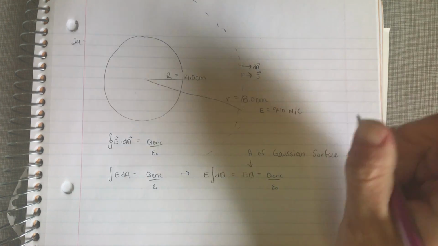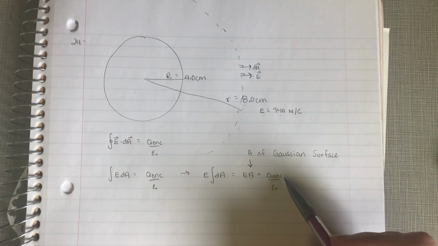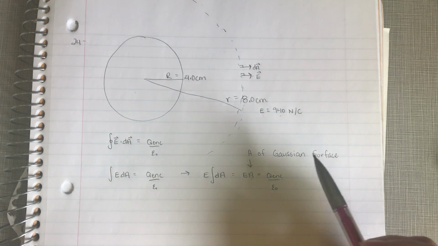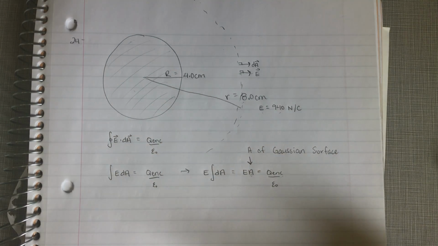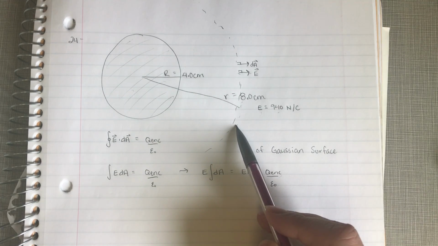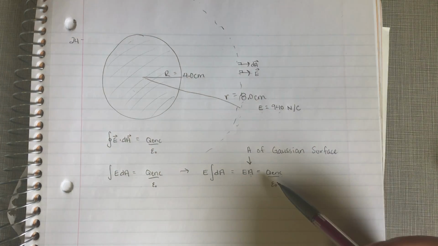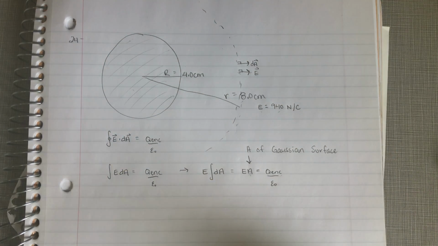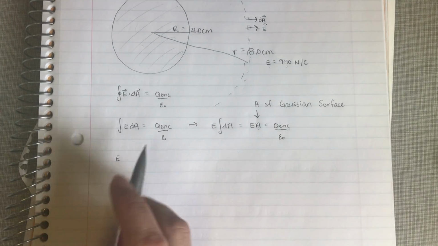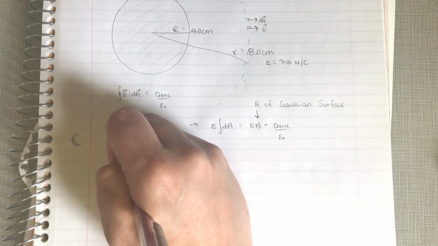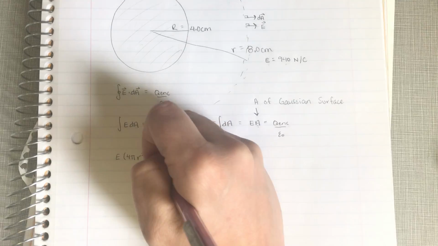So that's going to be a spherical surface at 8 centimeters, and the area of a sphere is 4 pi r squared. Q enclosed depends on how much of the charge is inside of this sphere. In the last problem, we took a tiny sliver inside, and now we're taking the whole thing.